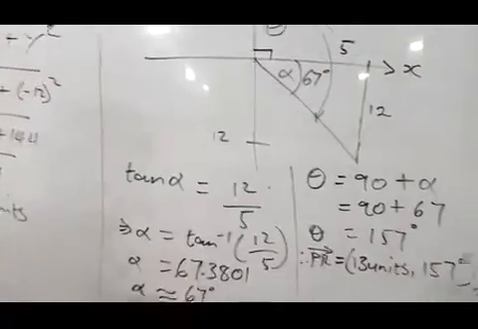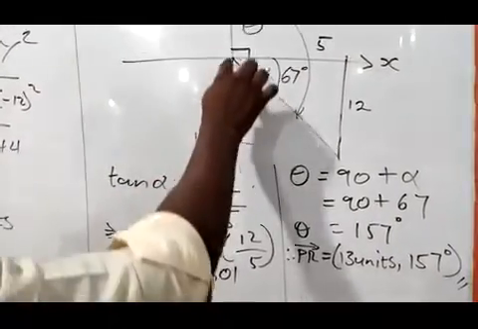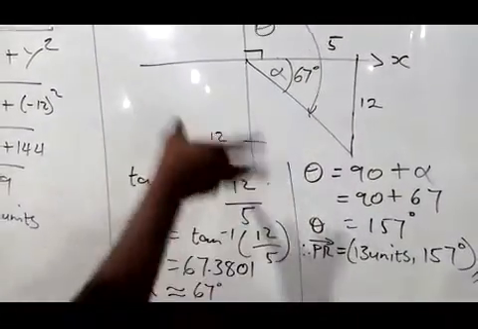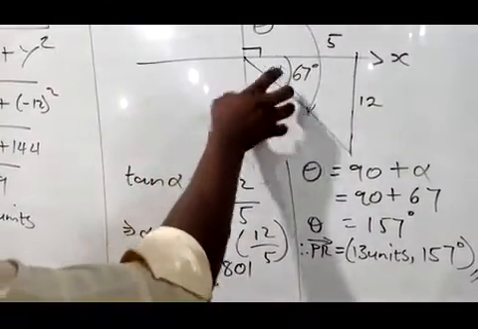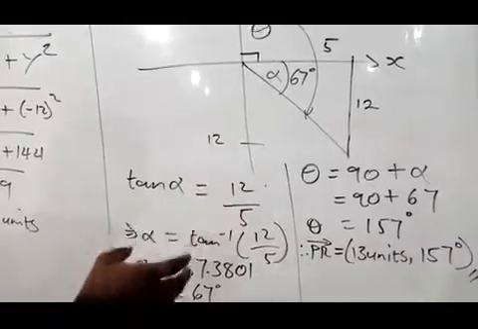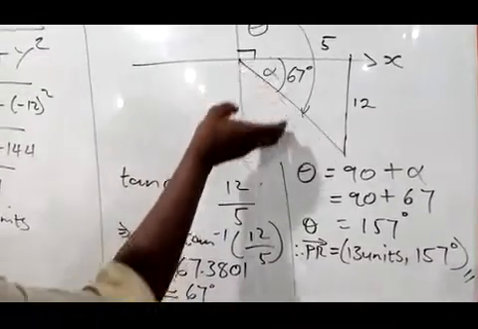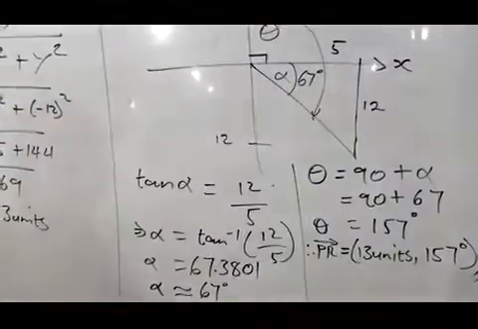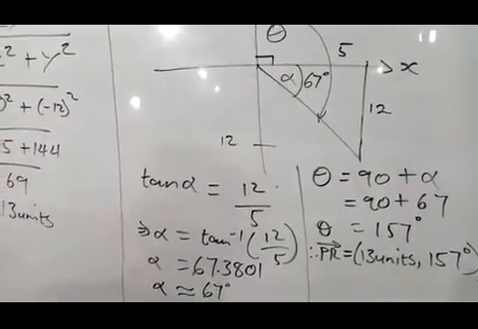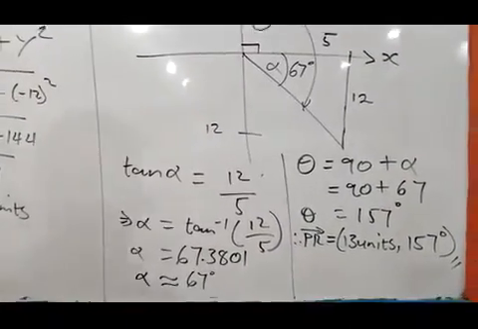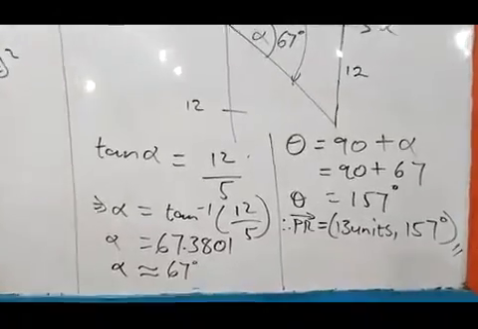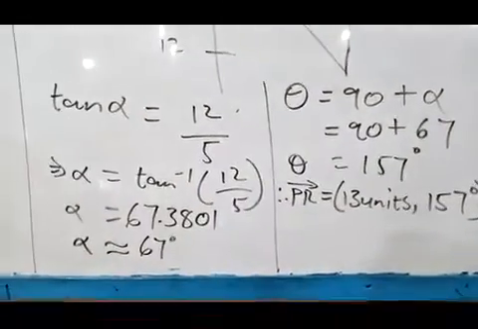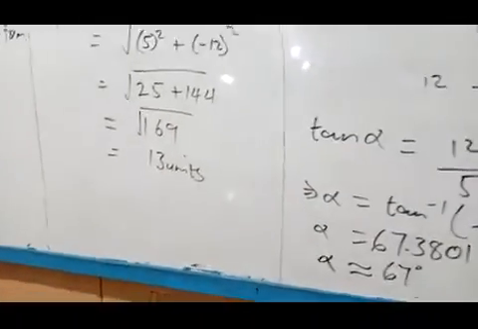After you have found the alpha, you just combine it with the 90 degrees to get the bearing, because in this case the angle is in the second quadrant. When you combine it with the whole of the first quadrant, you get the full angle you are looking for. You just combine the bearing you have found and the magnitude to get the magnitude-bearing form. So that is it.